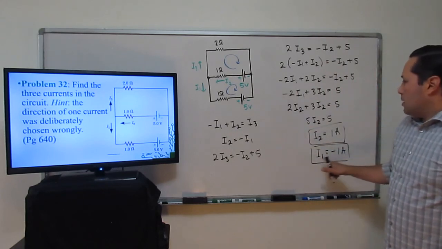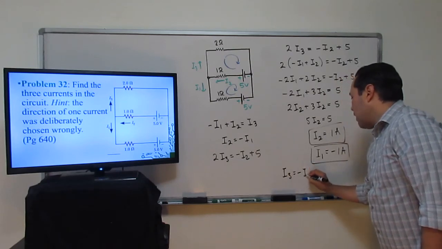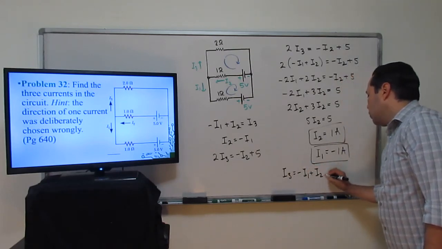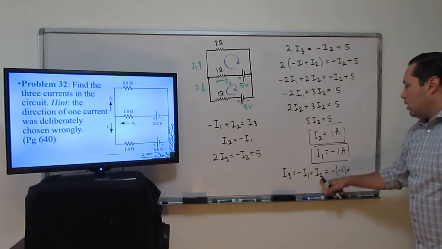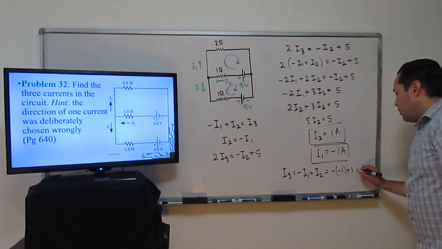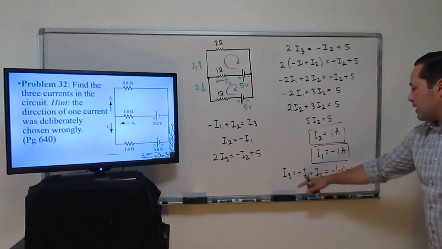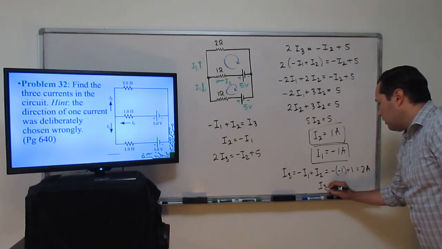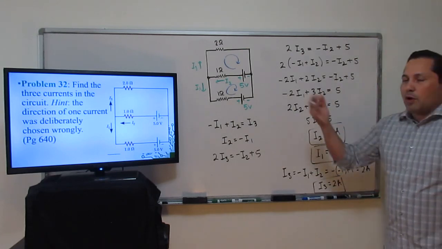So for I3, it is negative I1 plus I2, so that's negative negative 1 plus 1. All right, put it all together, negative and negatives are positive, so the answer is 2 amperes, and that is I3. Squeeze it here at the bottom, 2 amperes, and that is problem number 32.